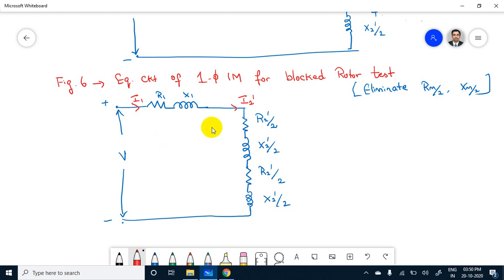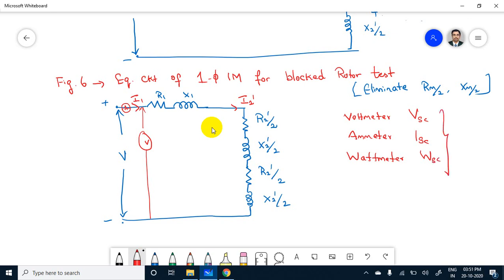To measure the current, we can connect an ammeter here, and if you want to measure the terminal voltage, you can connect a voltmeter here. Because in blocked rotor we have to use one voltmeter to measure ESC, an ammeter to measure ISC, and power using a wattmeter to measure WSC.